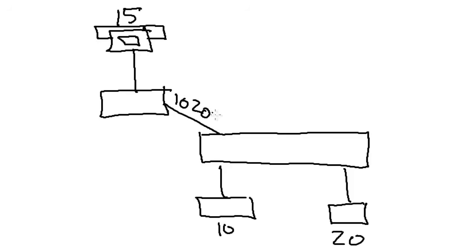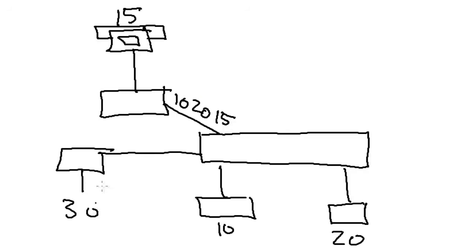But if we need to communicate via the switches, we need these VLANs to pass over these trunk links. So one trunk allows VLAN 10, 20, and 15 to traverse this trunk link. If we add a new VLAN 30, we either could or could not allow it to traverse the trunk link.